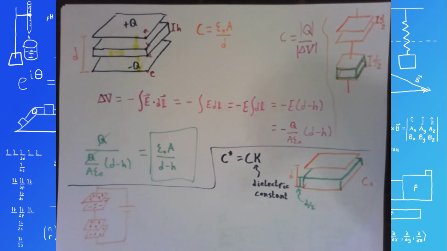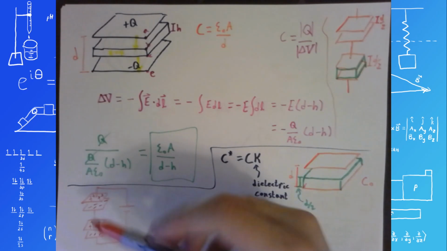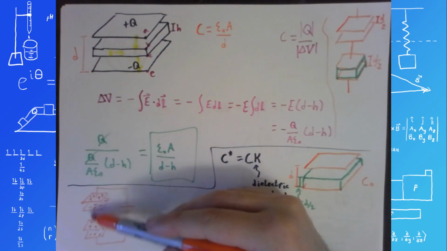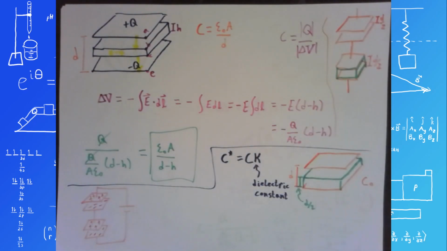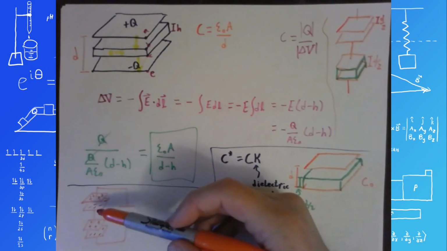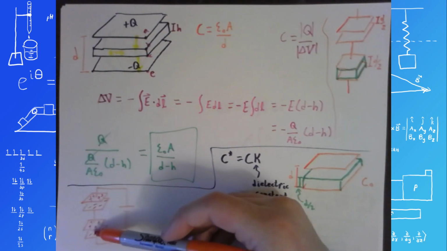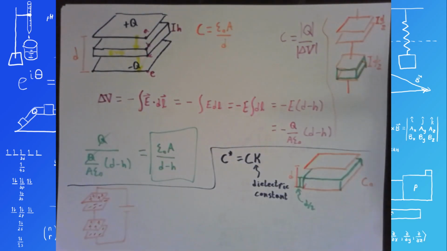So essentially, what I'm trying to say here is that if two capacitors are connected to each other in series, then the total charge displaced for both of them must be the same. The same amount of charge must be separated for each pair of plates.